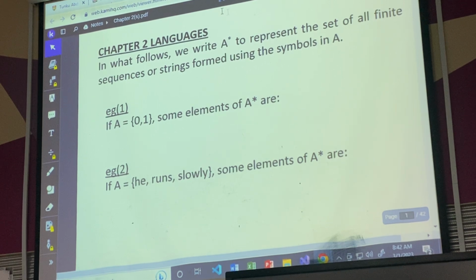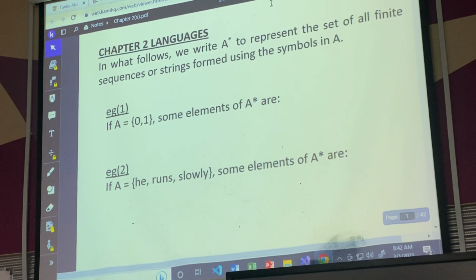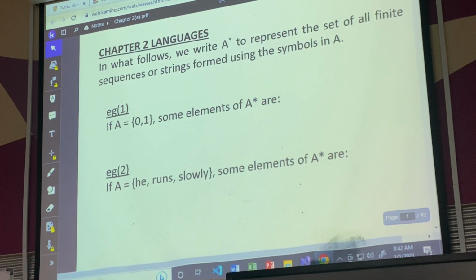I believe you have learned this in your previous discrete maths, right? What is the difference between strings and sequences? So remember, what is a string? A string, you write all the elements without the comma, without the brackets.